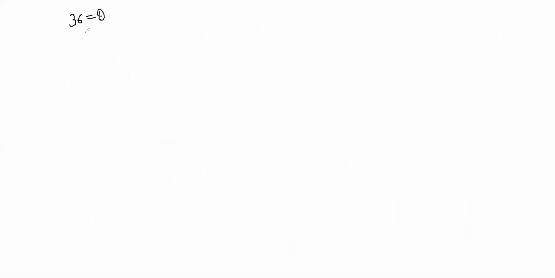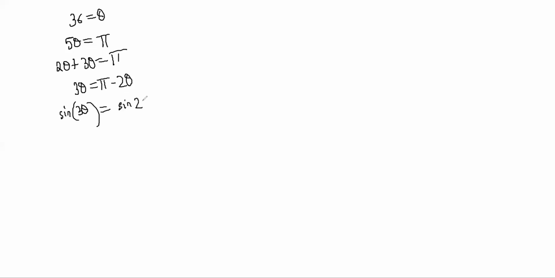36 is equal to theta and 5 theta is equal to pi. Then 2 theta plus 3 theta is equal to pi. First bring it this side. So 3 theta is equal to pi minus 2 theta. Take sine on both sides. Sine 3 theta is equal to sine 180 minus 2 theta. So it becomes sine 2 theta. Now you use the formula 3 sine theta minus 4 sine cube theta is equal to 2 sine theta cos theta.